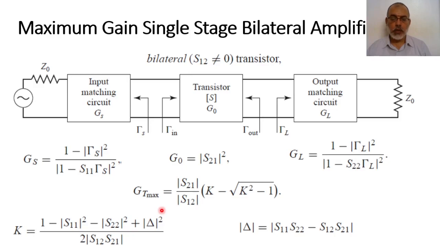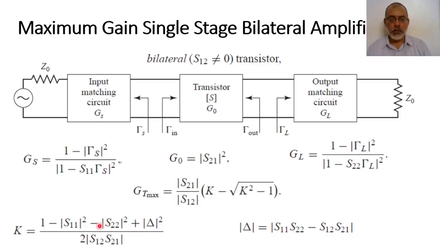Once again, if we set the limit of S12 tending to 0, we can find the limit value of K in terms of delta, where delta would be the magnitude of S11 multiplied by S22.